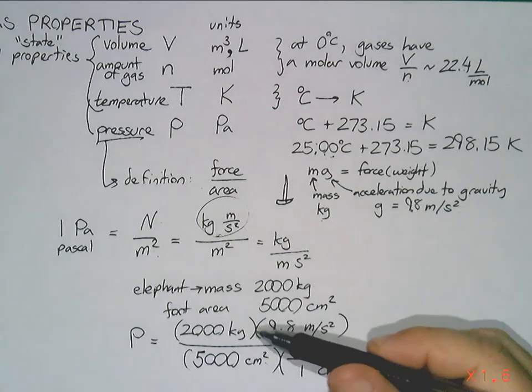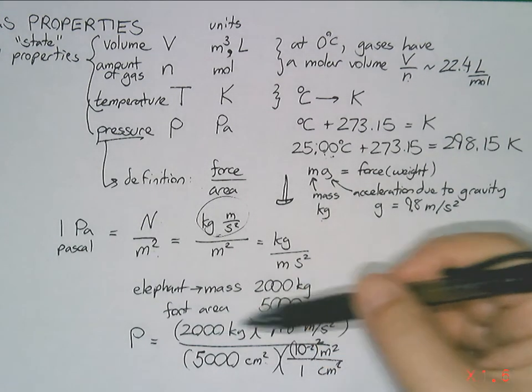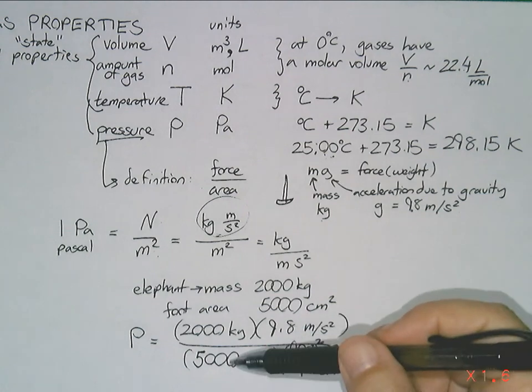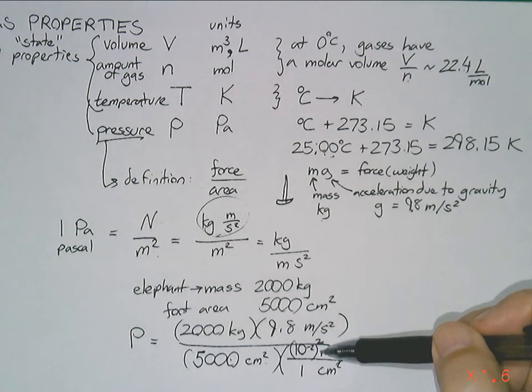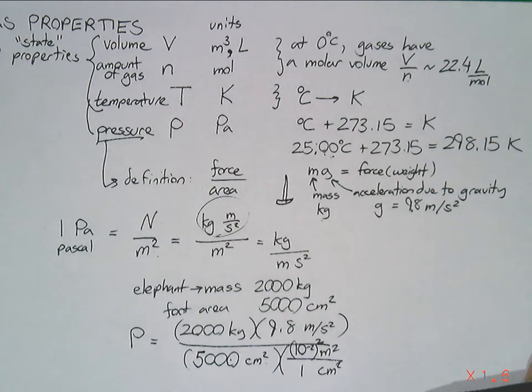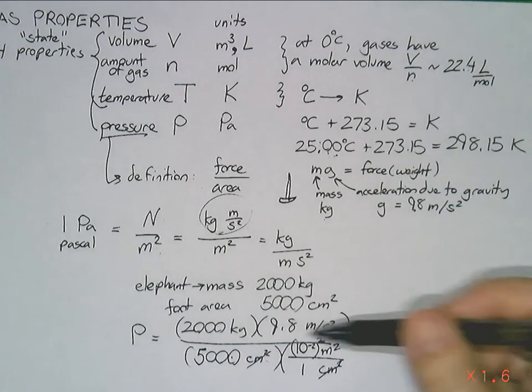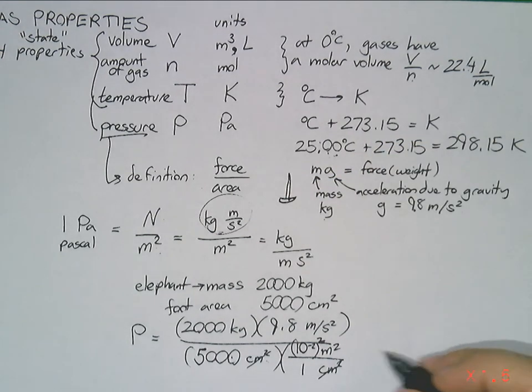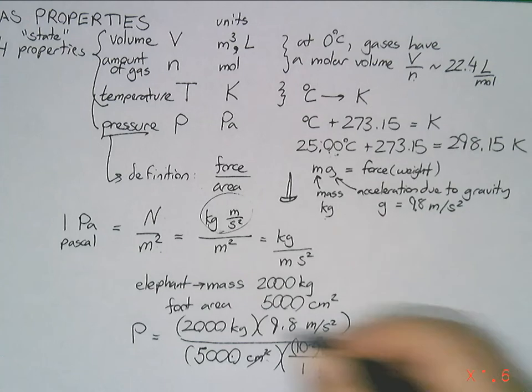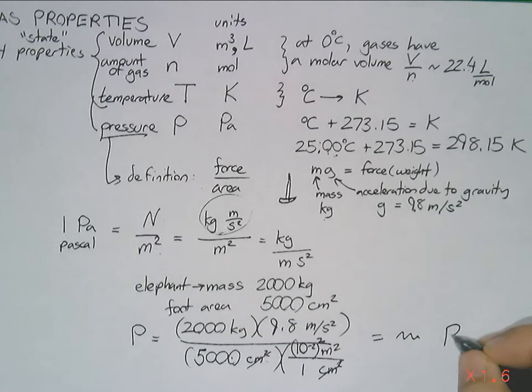So I could pick up my calculator at this point and say 2,000 times 9.8 divided by 5,000 divided by (10 to the minus 2)^2 is going to be what the pressure is going to be. The units will all come out right. Notice that the units that I have here are the same as the units that I wrote here. So that will be whatever that is in pascals. Your first problem is just like this problem.